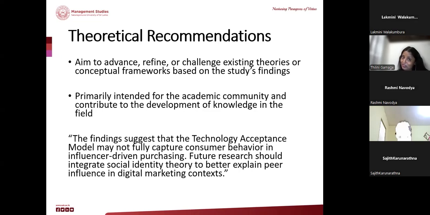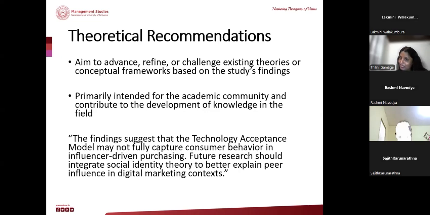That's very important. As I told you, when it comes to conducting research, the prime objective is creating new knowledge. So if someone asks, what is your contribution to new knowledge, you should be able to defend yourself. That matters a lot, and that's why theoretical recommendations are very important.